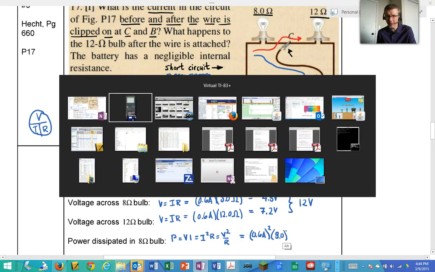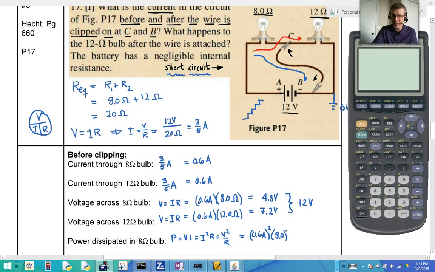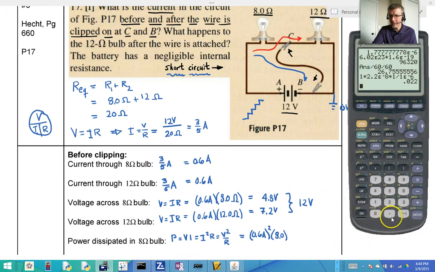And let me just double check this on the calculator because I don't want to mess up here. 0.6 squared times 8. 2.88. And the units for power?